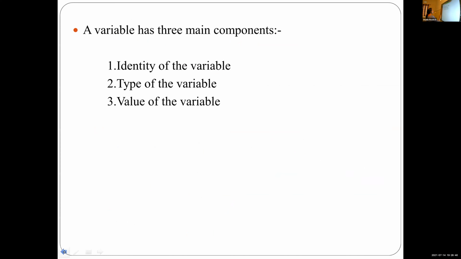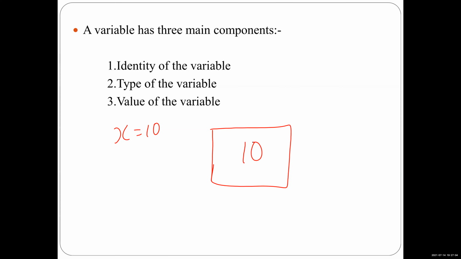The next component is the type of variable. Type of variable means data type of variable. If x is equal to 10, we are storing a value 10 here. Nestle, is it clear? Is this board clear?